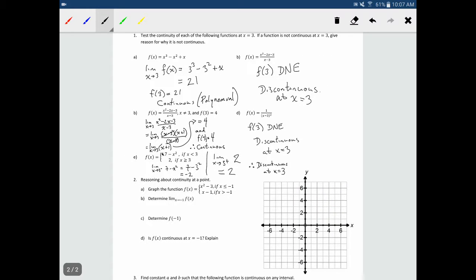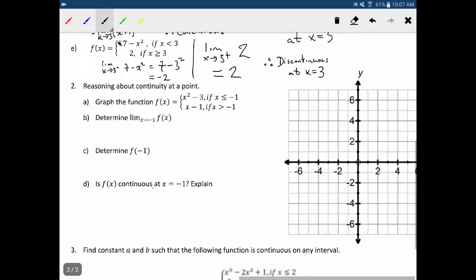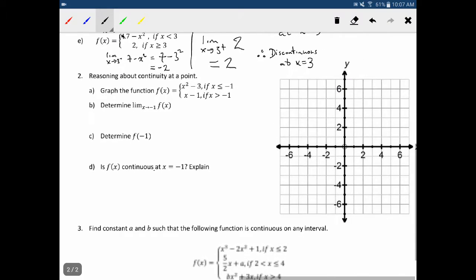And that's that. Let's take a look at another example here. This one we're going to graph first so that it's clear what we're doing. When x is less than or equal to negative 1, it's going to be x squared minus 3.